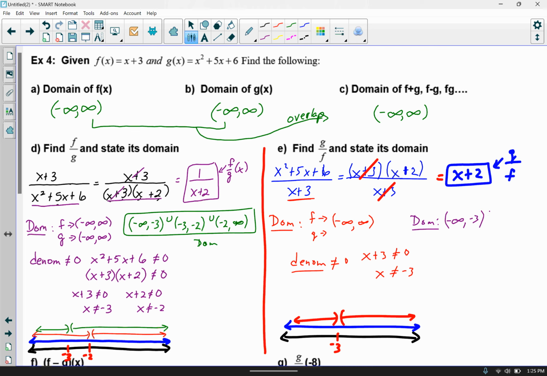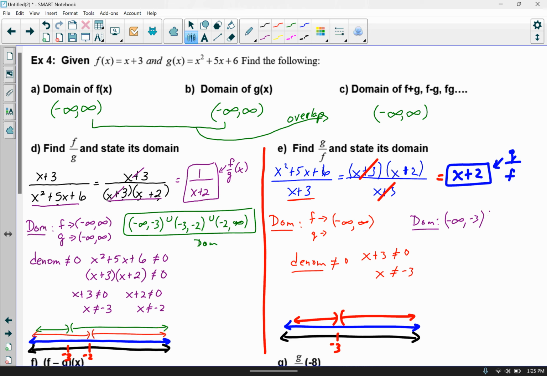Okay, so that's all that needs to happen then. I'm going to plug in my f of x function, which is x plus 3, minus, plug in for my g of x function, x squared plus 5x plus 6. All right, it's really important that you use brackets, or you can use parentheses.